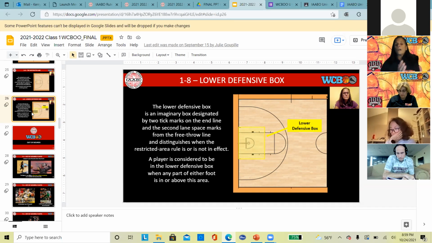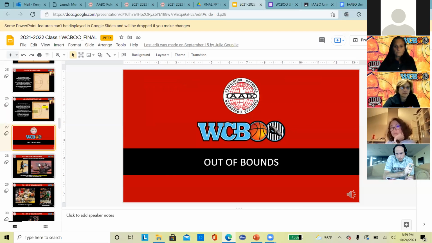Again, this will come into play when we're talking about secondary defenders and fouling, and if the secondary defender was in or out of the restricted area, and whether the player who starts the dribble was outside or inside the lower defensive box. It's a whole rule about that, and we will go into that depth at a later time.